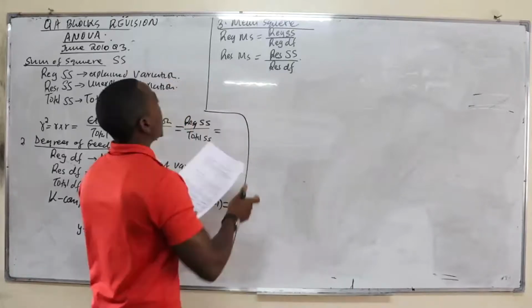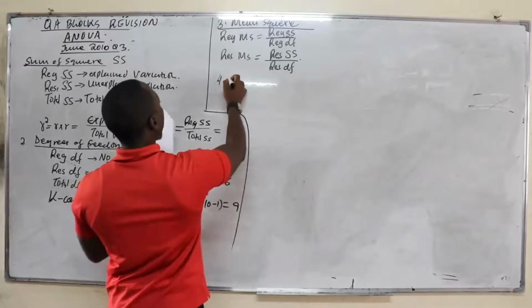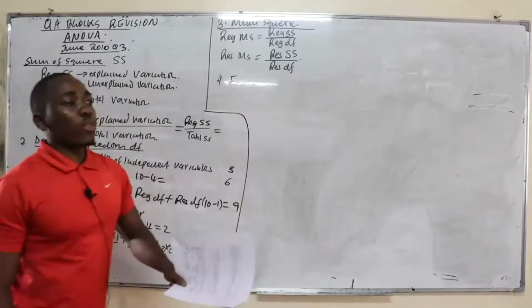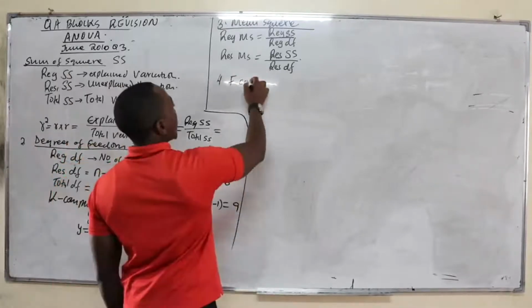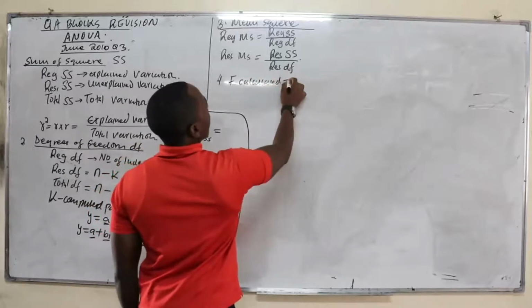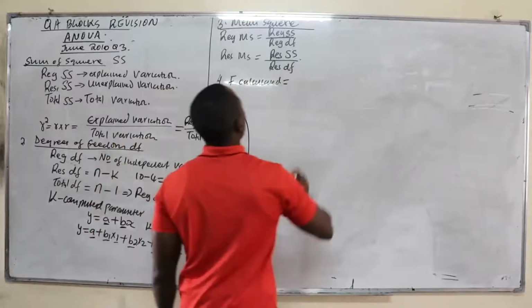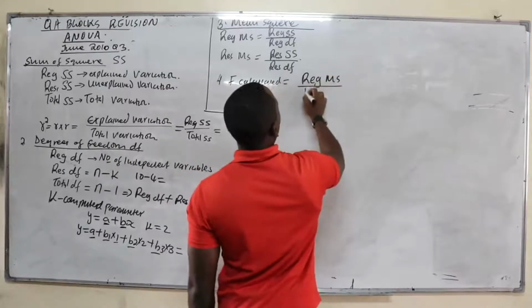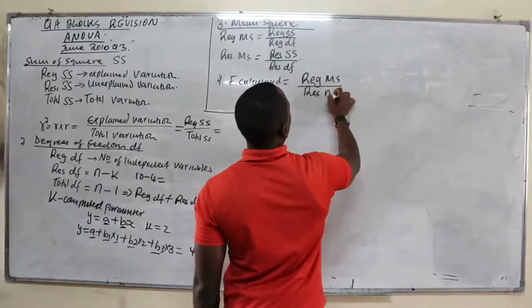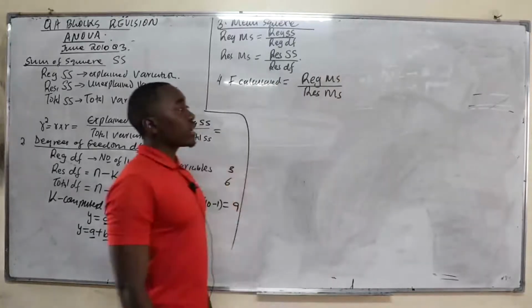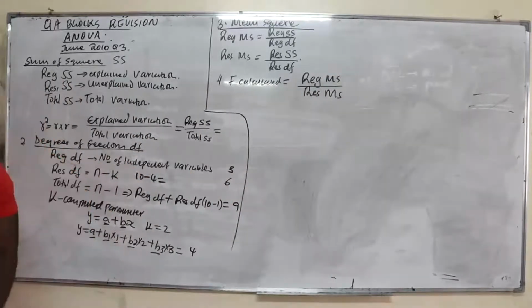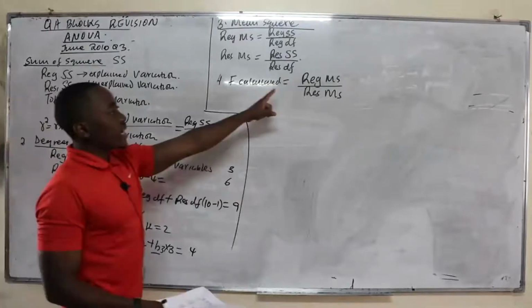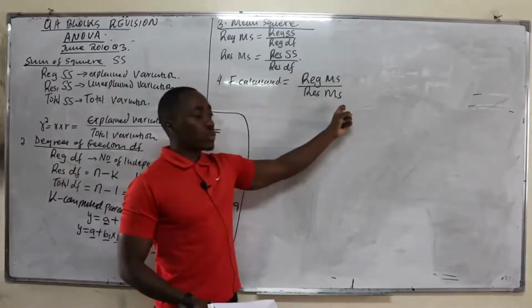Then number 4, we have F. Can you see F? That's what we call F calculated. And how do we get F calculated? To get F calculated, you take regression mean square, you divide by residual mean square.